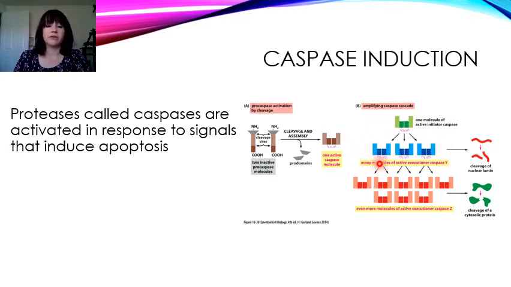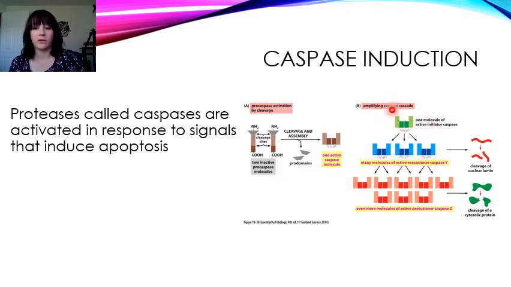And then the targets that this caspase is cleaving are additional caspases. And so you have caspases cleaving caspases cleaving caspases, kind of like when we had our MAP kinase kinase kinase. Right? So we call this an amplifying cascade, a caspase cascade, and that is because all of the proteins involved are called caspases, and this signal is getting amplified.